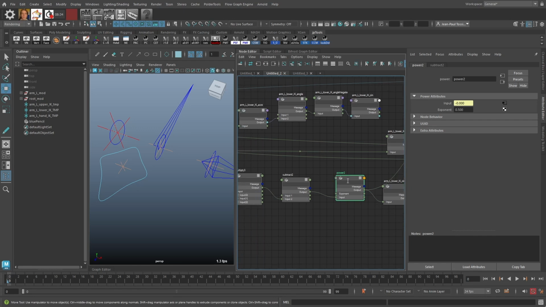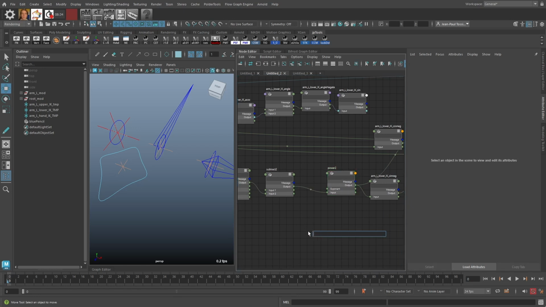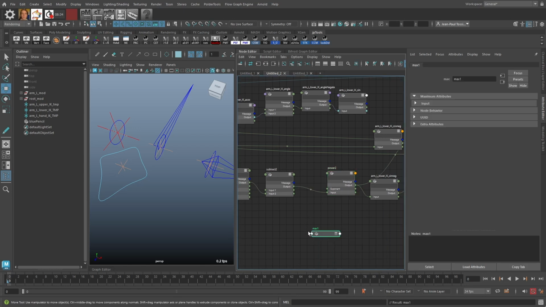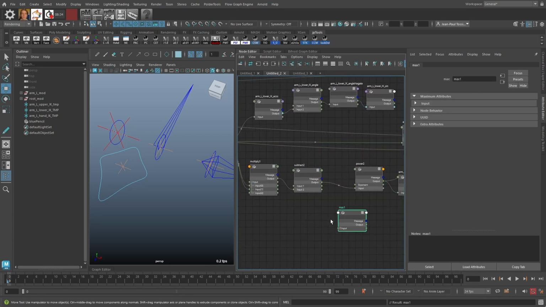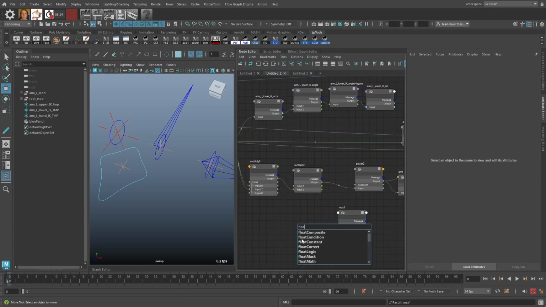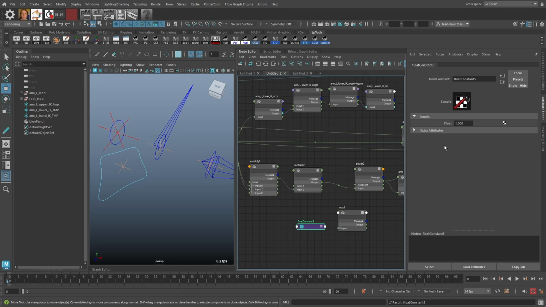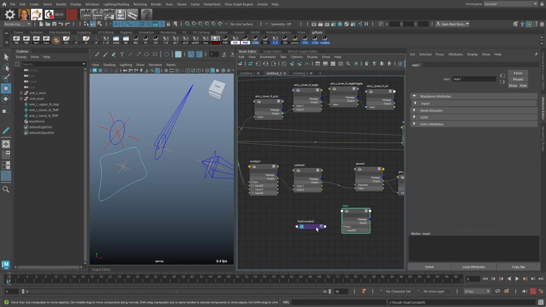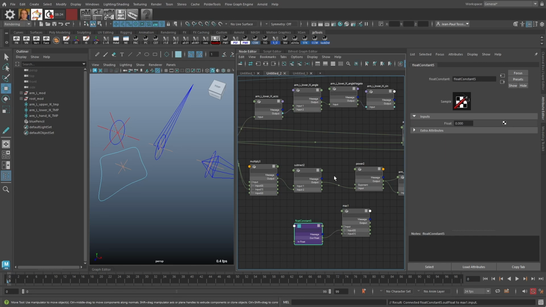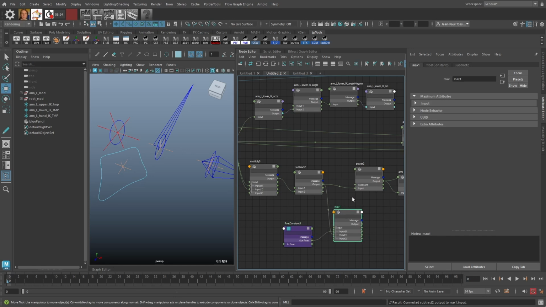To prevent this, again, we can use the maximum node to clamp it at 0. So we use a max node again, and then we create a float constant node, set the value to 0, and then we take the maximum of 0 and the squared sine value, and now we have a value that never goes below 0.